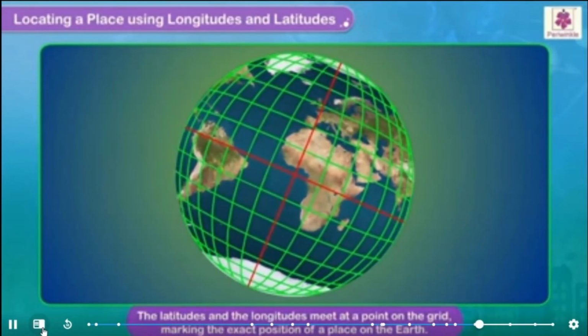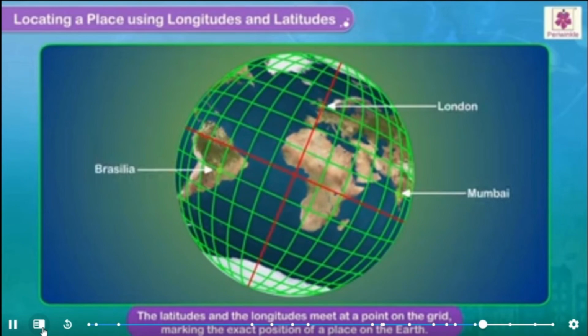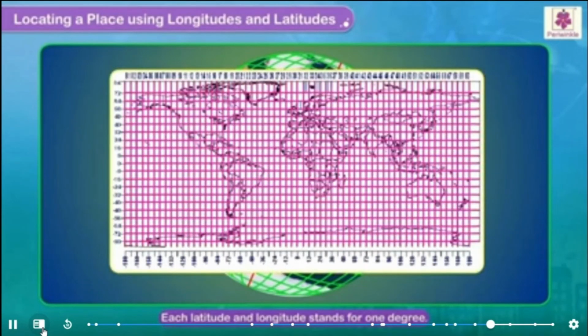The latitudes and the longitudes meet at a point on the grid, thereby marking the exact position of a place on the Earth. Each latitude and longitude stands for 1 degree.